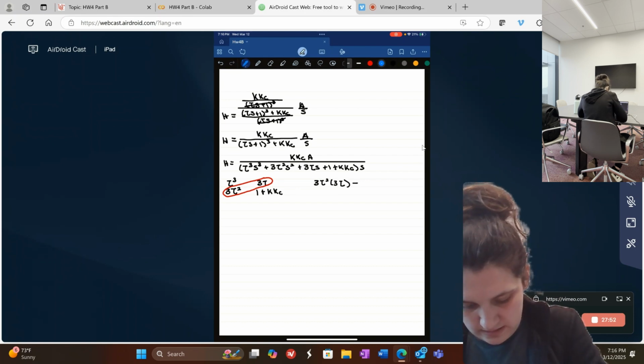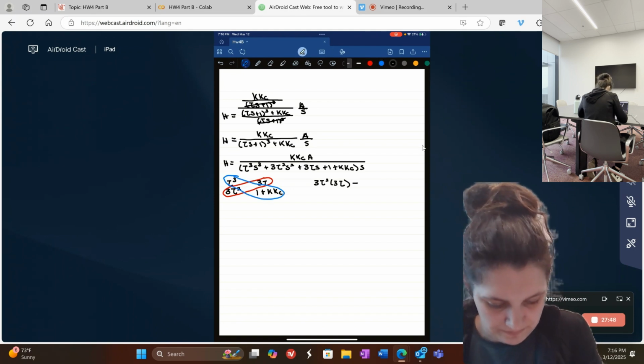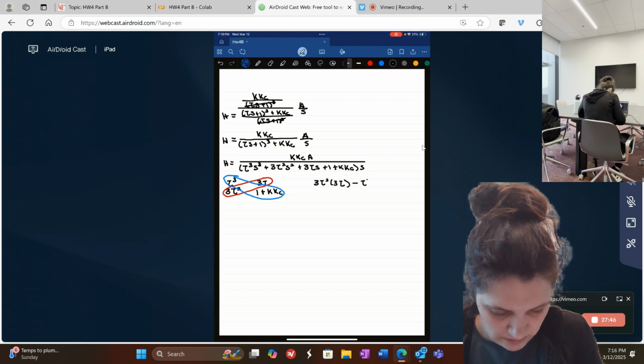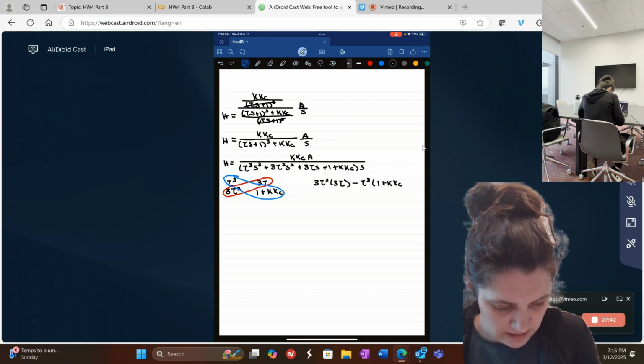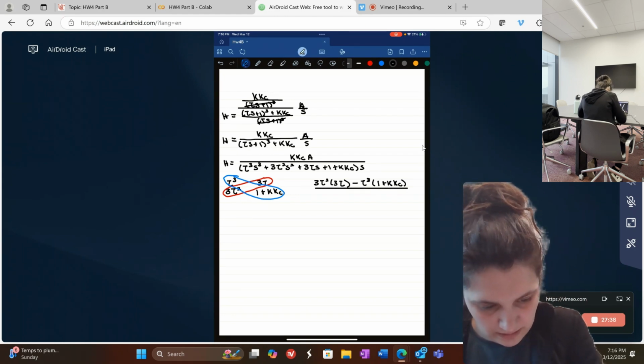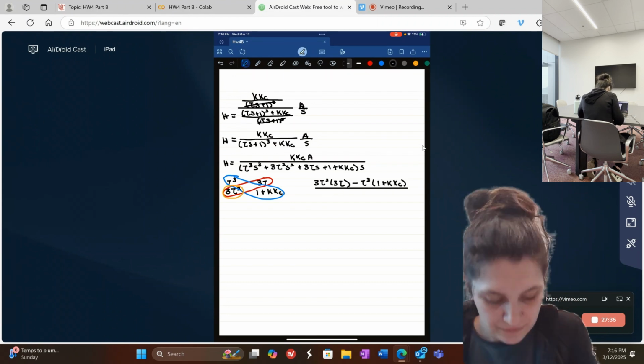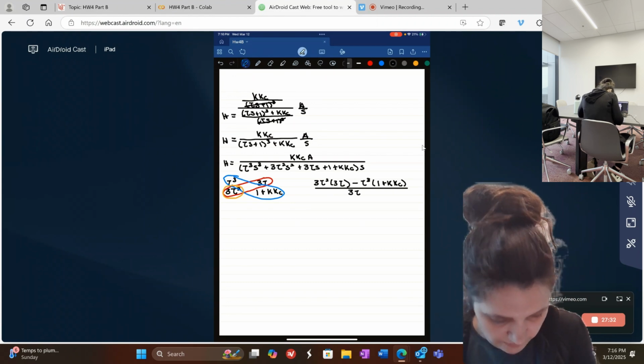minus these two terms right here multiplied together. So tau cubed times 1 plus K times KC. And we're going to divide that whole thing by our bottom corner term here, which is 3 tau squared.